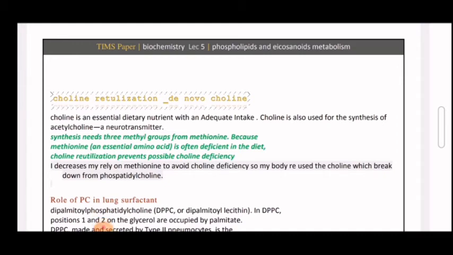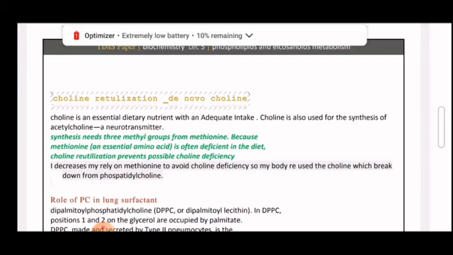Choline reutilization. Should we reuse choline if the phospholipids or nucleotides are degraded? Yes. Choline is considered an essential dietary nutrient with adequate intake.